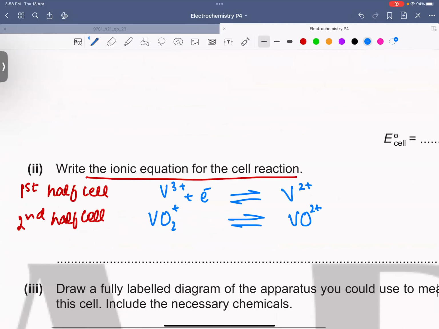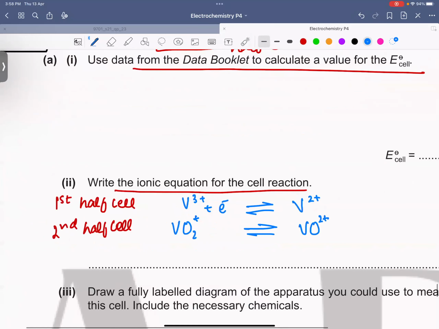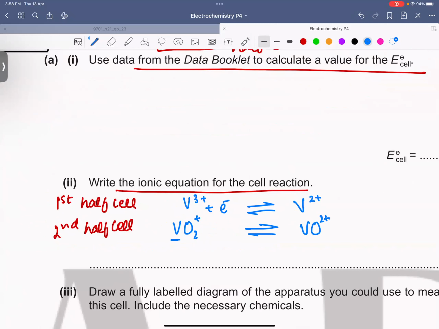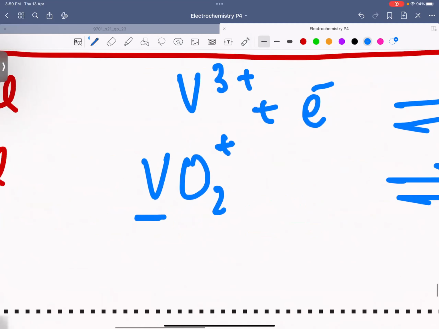So what is the oxidation number over here on vanadium? Isn't it +5? Yes, the oxidation state of vanadium over here is: there are 2 oxygens making it -4, and the net charge is +1, so it's +5.